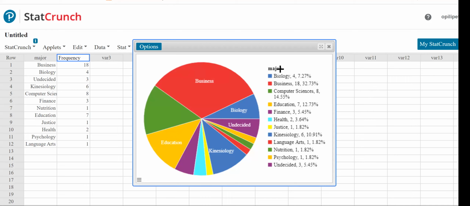And so here we have our majors listed, we have counts, and we have percentages as well. So we don't have to actually create those graphs by hand. We just have to understand what they represent and be able to read them.